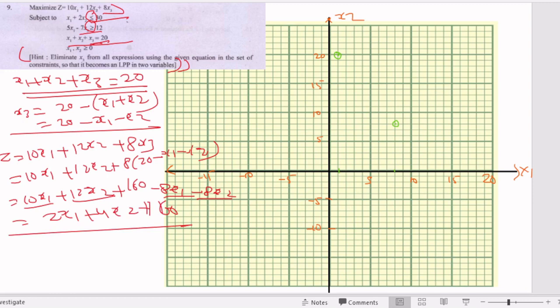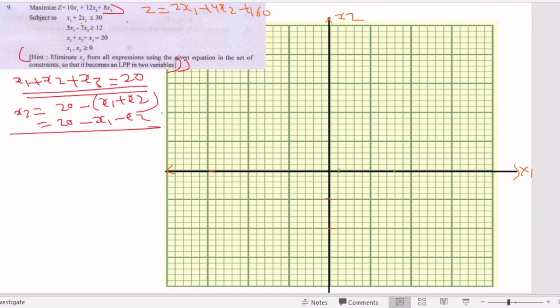Now the objective which we need to maximize, that only got changed. This is called the power of mathematics. Now we have to maximize z equal to 2x1 plus 4x2 plus 160. This you need to maximize. Now in which equation will we substitute the same x3? This equation, to remove x3. So 5x1 minus 7 in place of x3, I'll replace 20 minus x1 minus x2, is equal to 12.